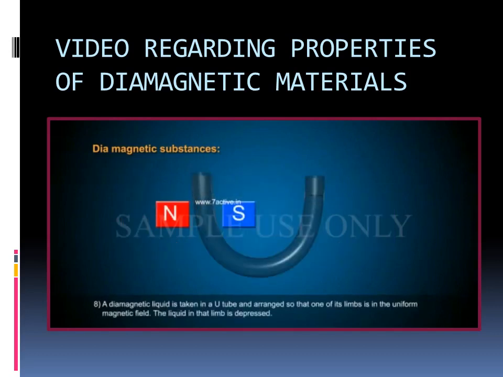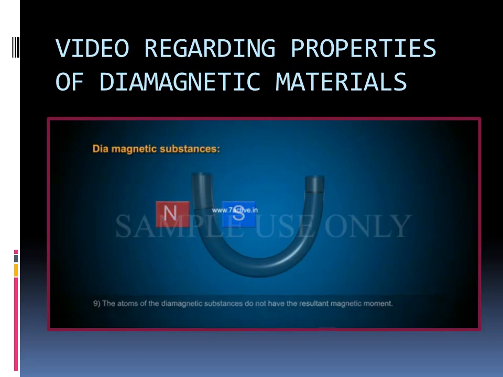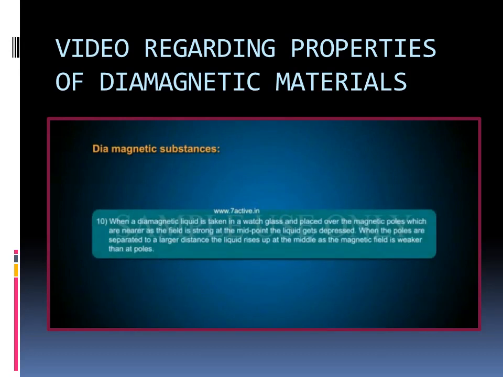The magnetic lines of force passing through these substances are less than those in vacuum. So the relative permeability is less than 1. 8. A diamagnetic liquid is taken in a U-tube and arranged so that one of its limbs is in the uniform magnetic field. The liquid in that limb is depressed.